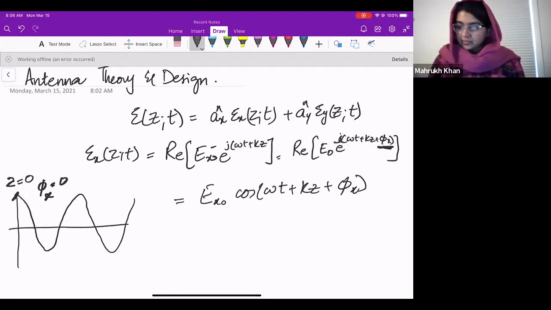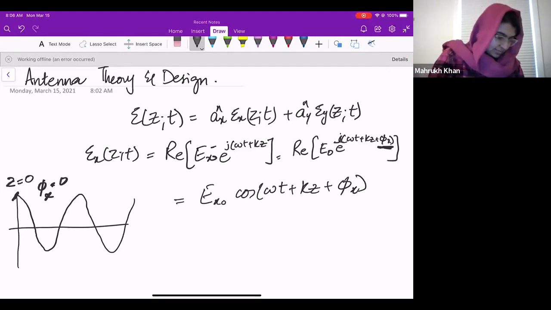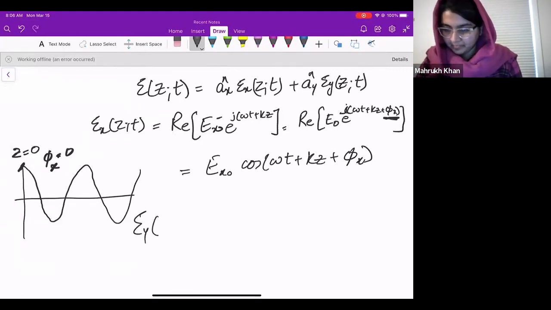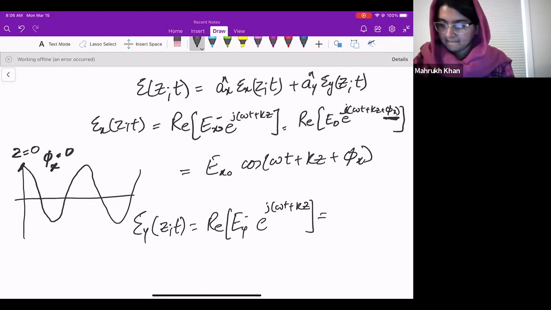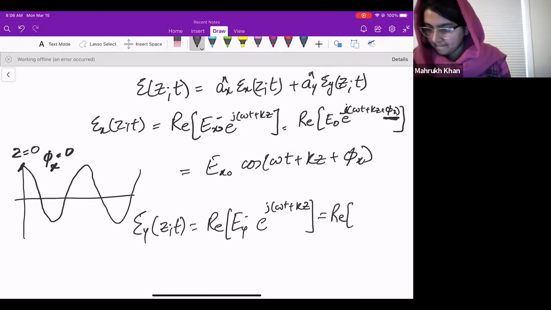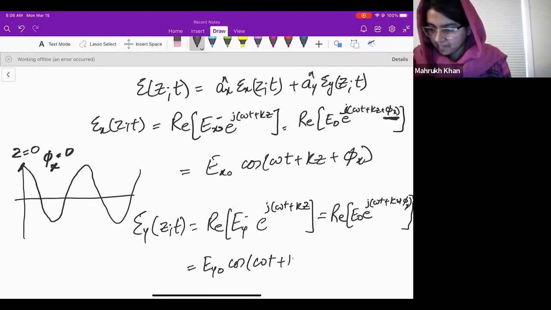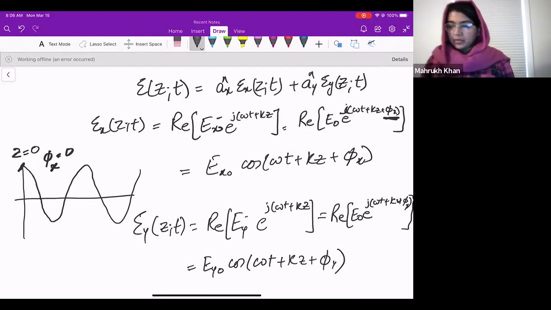okay. So now the y component, we will write it in a similar way, plus phi y, and this will be, so the electric field is actually the combination of two components, x and y, right?